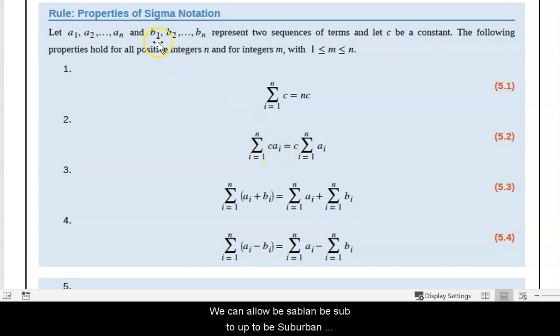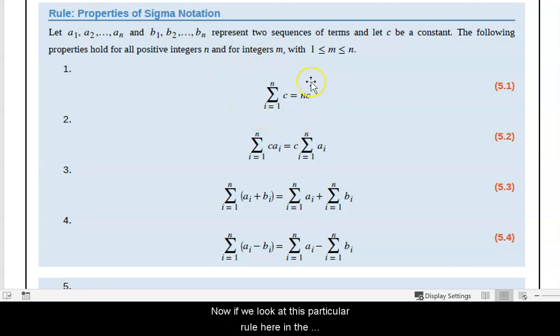We can allow B sub 1, B sub 2 up to B sub n to represent a different sequence of numbers inside a summand. Each term inside the summand is typically called a term or an element. We'll let C be any real number as a constant. We're going to allow n to be some positive number, and we're going to allow m to be some integer.